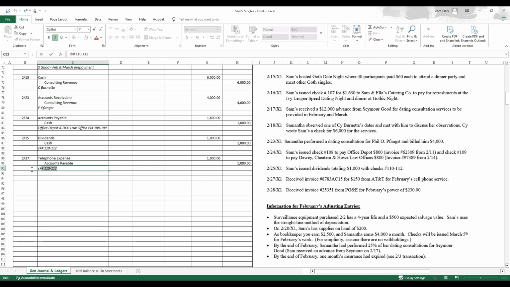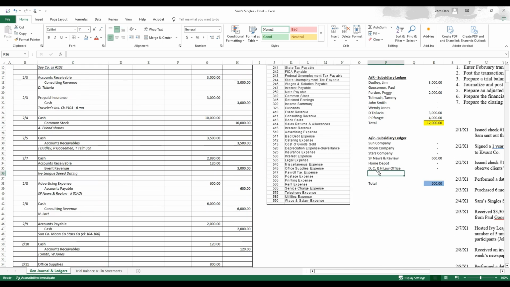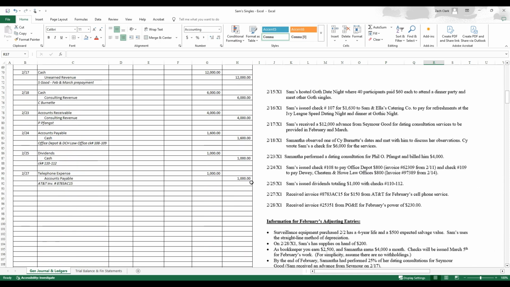And that was AT&T invoice number 8783AC15. And again, we need to update our subledger. So increase the subledger to reflect the amount there.